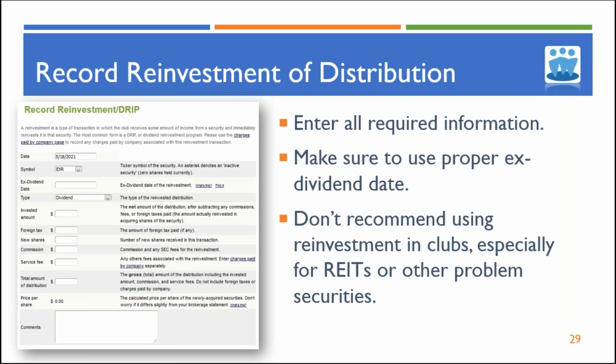Even worse is if you had a real estate investment trust and you were reinvesting that distribution, because at year end, you've got to now redo all of the distribution reinvestments to change the type and to break it out into 3 or 4 different quarterly transactions instead of one quarterly reinvestment transaction.